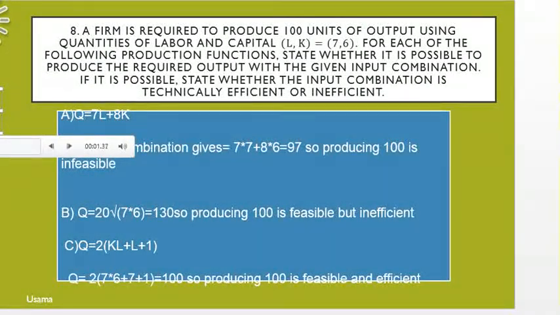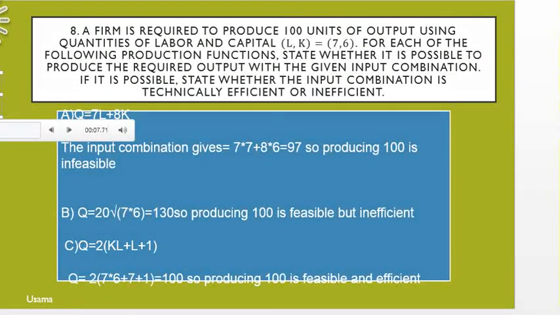So we have three statements. Statement A. Q equals 7L plus 8K. The input combination gives 7 multiplied by 7 plus 8 multiplied by 6, equal to 97. So the statement is infeasible because we need to produce 100.